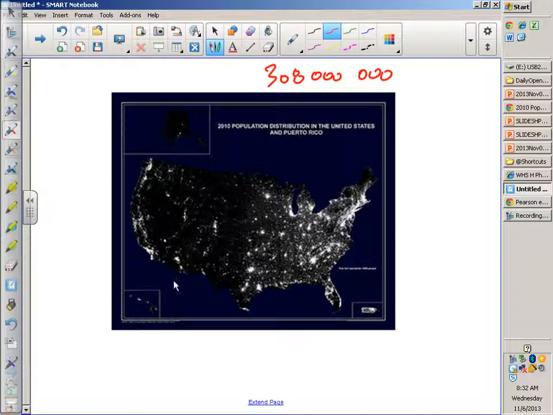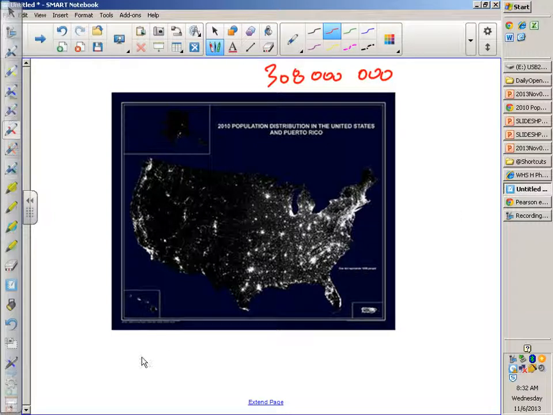So, kind of like an atom, is it possible that a person could live anywhere within the United States? Is it possible? Yes. Is it probable? No. People generally live in certain areas.